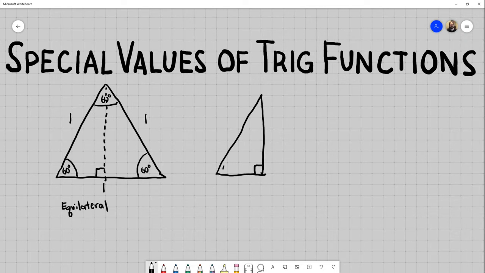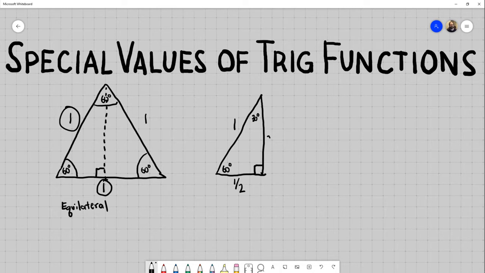This angle wasn't affected, it's still 60 degrees. And then the angle on the top here, we cut it in half, so it's now 30 degrees. The hypotenuse of this right triangle has length 1. It's just this old side here. The base of this right triangle has length 1/2. I just took this side and cut it in half.